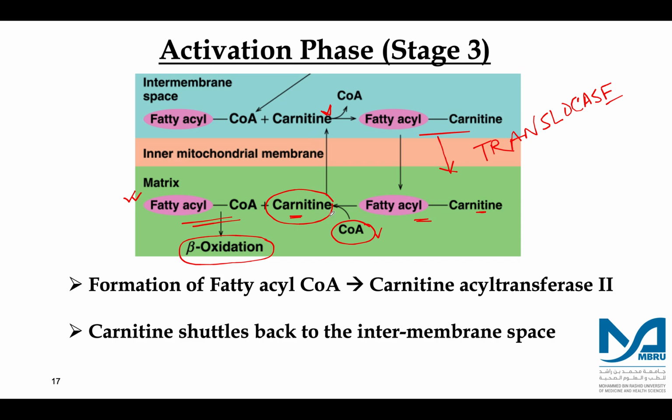So this particular process where the carnitine is shuttling between the intermembrane space and the mitochondrial matrix is known as the carnitine shuttle. So the carnitine shuttle helps in the migration of fatty acyl carnitine or fatty acids from the intermembrane space into the mitochondrial matrix.